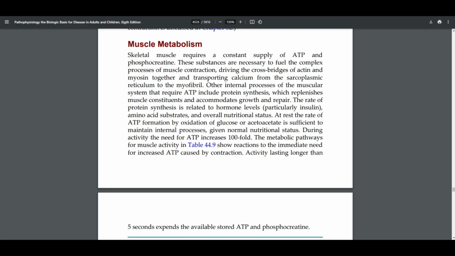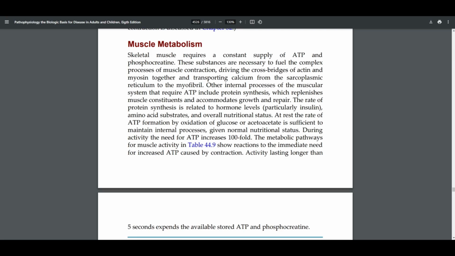At rest, the rate of ATP formation by oxidation of glucose and acetoacetate is sufficient to maintain internal processes. Given normal nutritional status, during activity the need for ATP increases 100-fold.